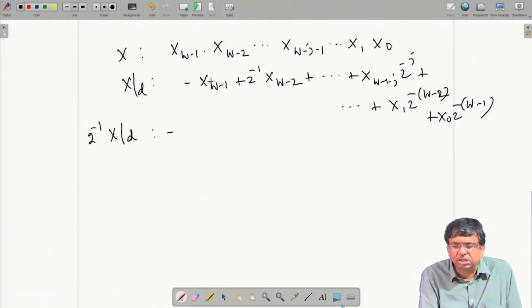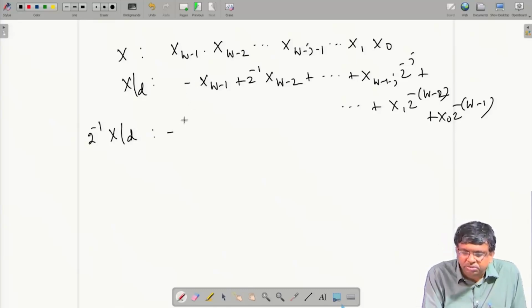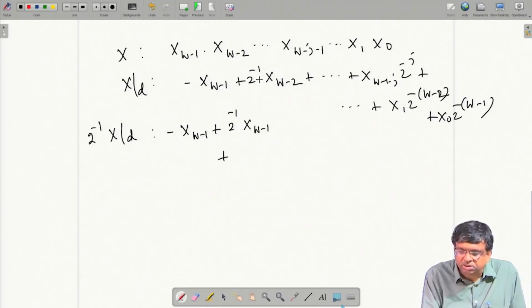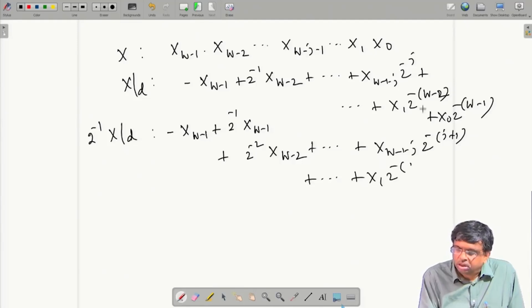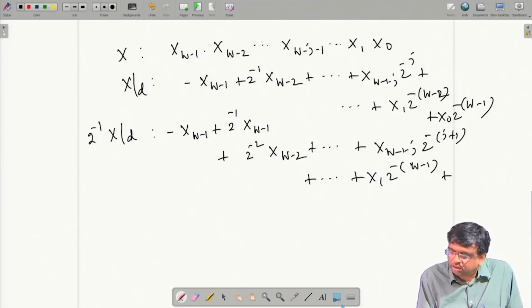So it will be minus 1 times this, which is this, and plus half, that is 2 inverse times this, and then 2 inverse 2 times, dot dot dot, 2 inverse j plus 1, dot dot dot. This will be x 1 to the power minus, and then x 0.